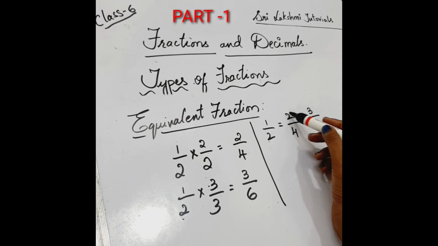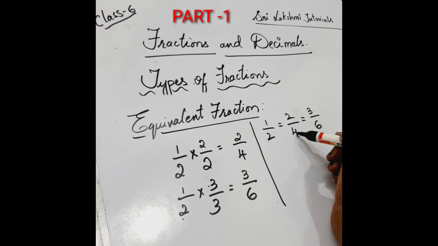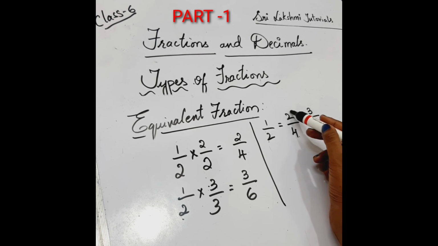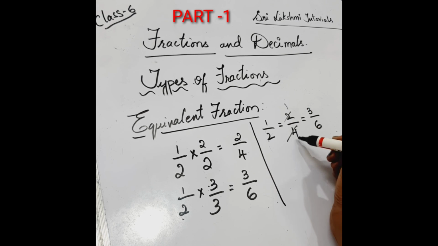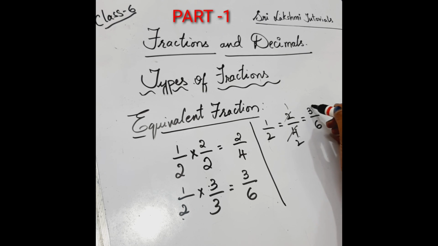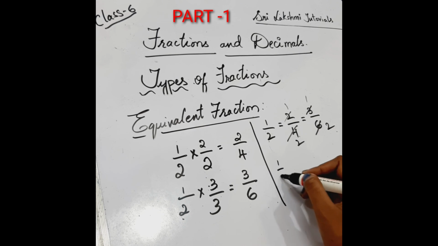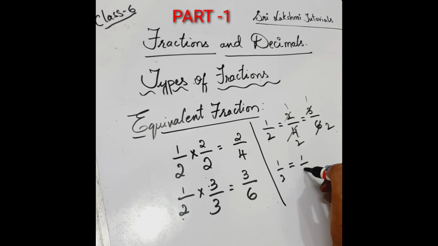If I divide this fraction 2 by 4 by the same number, 2 1s are 2, 2 2s are 4, and 3 1s are 3, 2 3s are 6. Did we get all the numbers as 1 by 2? Yes. So this type of fractions are called equivalent fractions.